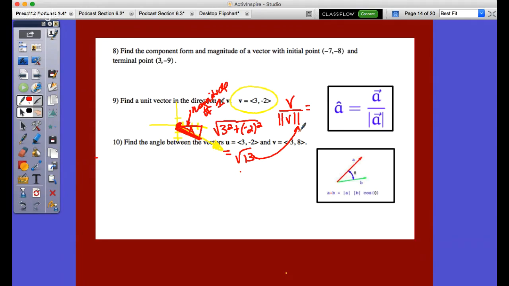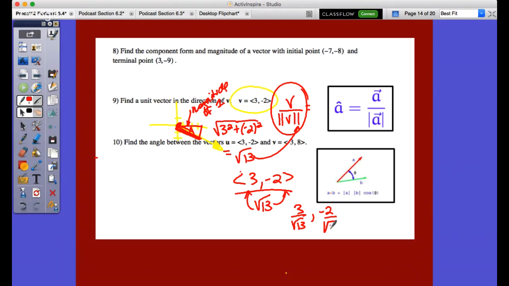So if I was to rewrite this in terms of what the unit vector would create, it would be 3, -2 divided by the square root of 13. And then the square root of 13 would go to both of the sides. So this would be 3 over square root of 13, -2 over square root of 13.